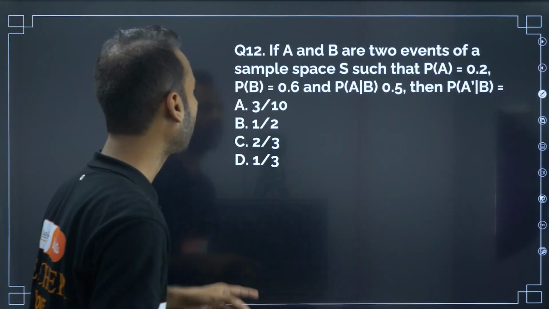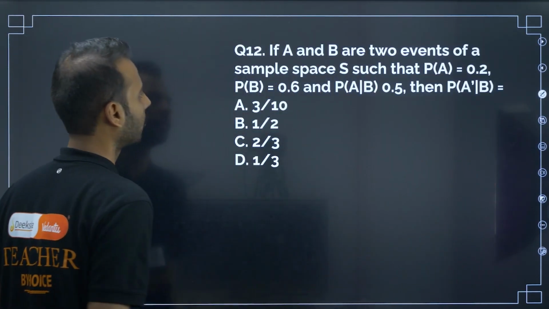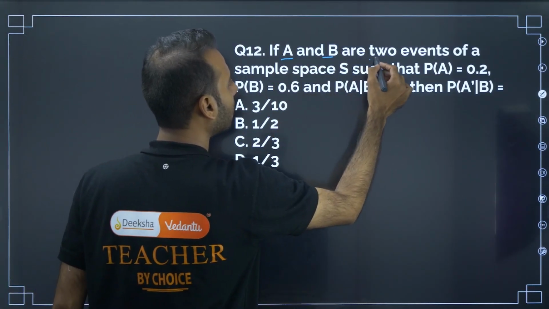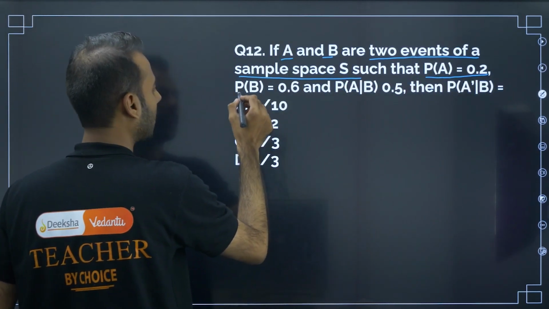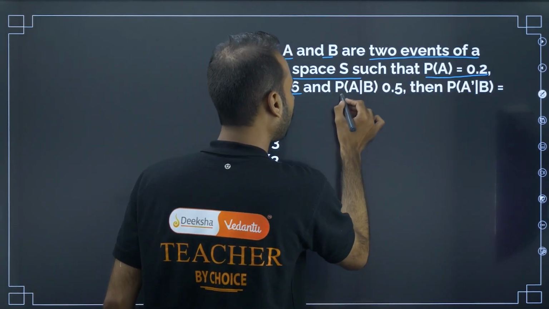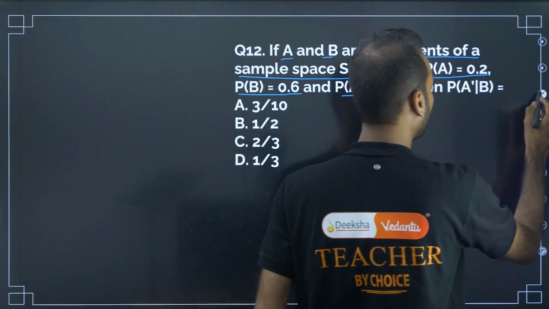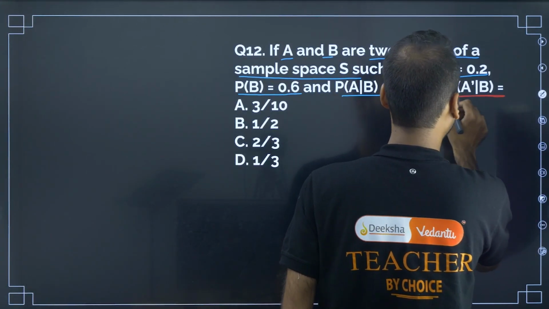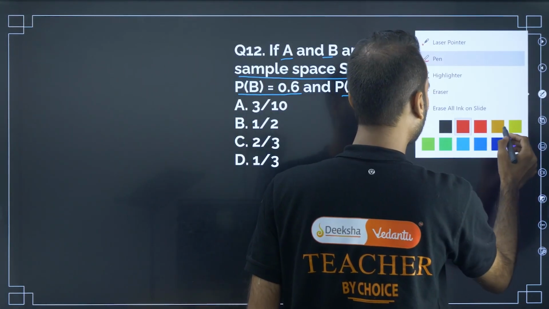Moving on to the next. If A and B are events of a sample space, then P of A is this much, P of B is this much, P of A given B is this much. Then what is P of A dash given B? How to approach this problem?